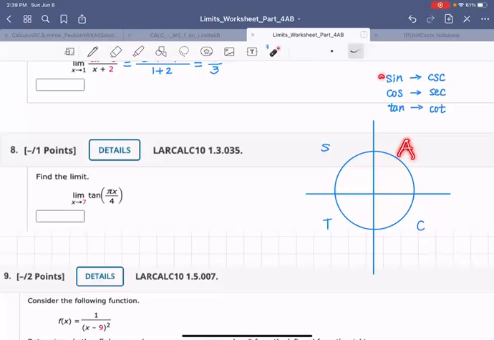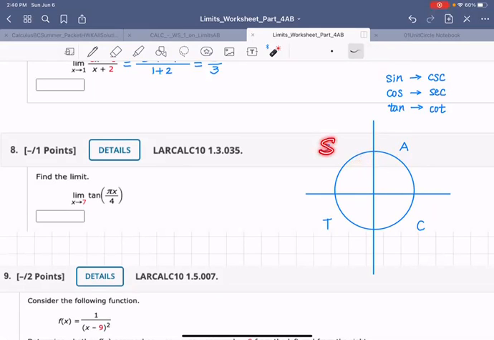All means sine, cosine, tangent are all positive in quadrant 1. S means only sine is positive in quadrant 2. For example, sine 150 degrees is positive 1/2 because sine is y divided by r. R is always positive, it's a radius. Y is positive in quadrant 2.